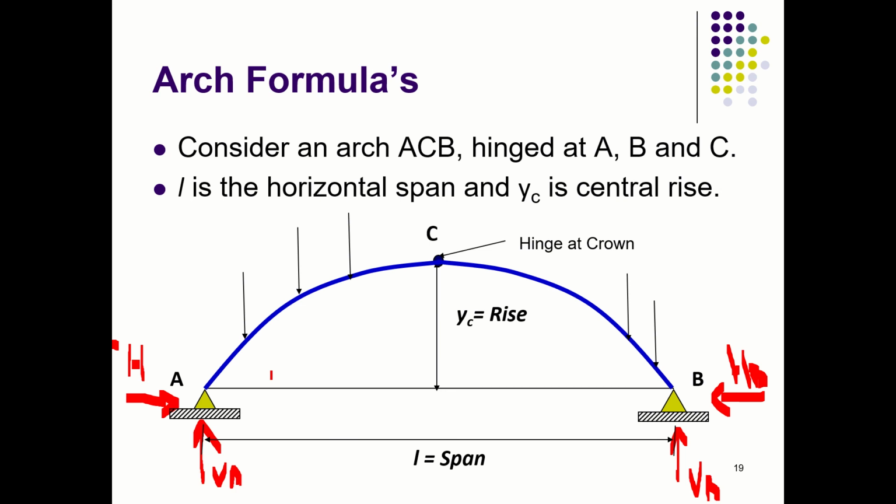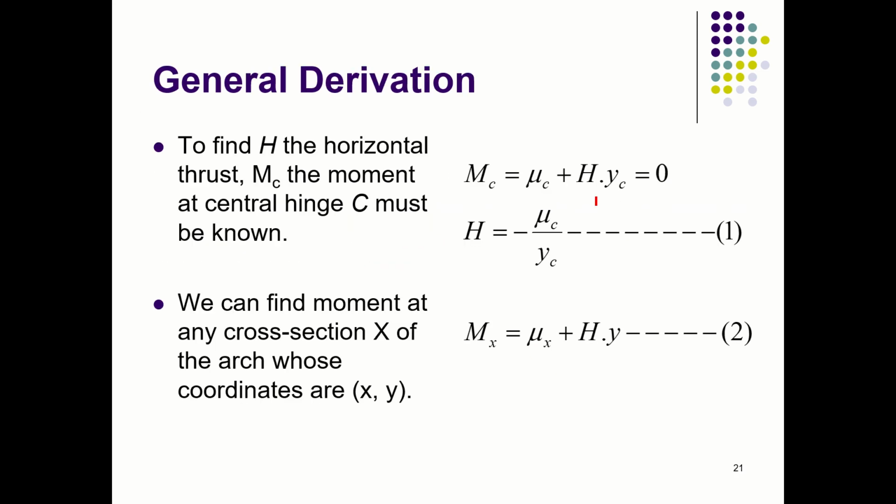See, this is your H and this is your perpendicular distance Y. So if you are taking section at point C or taking moment about point C, so MC is equal to this H into this YC plus mu C, and it should be equal to MC, which is 0 because it is internal hinge, right? And solving this equation will give us H is equal to minus mu C divided by YC. This is your equation number 1.